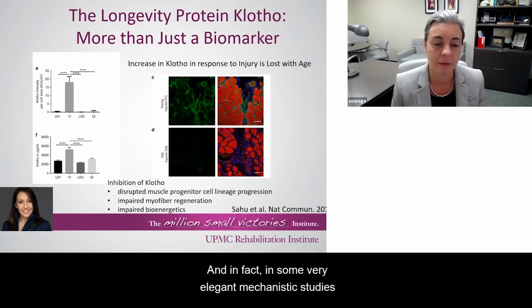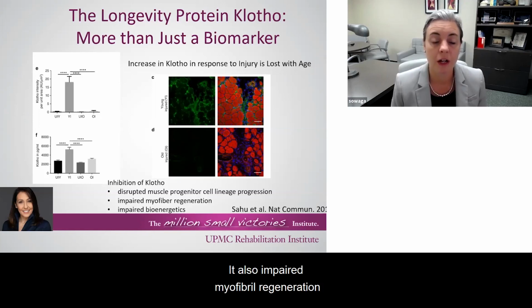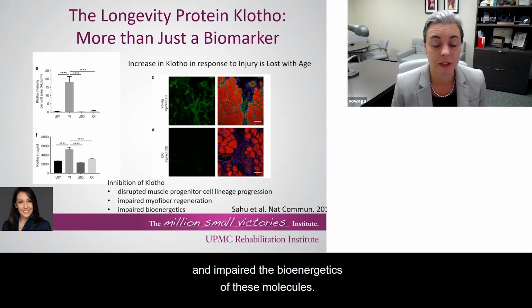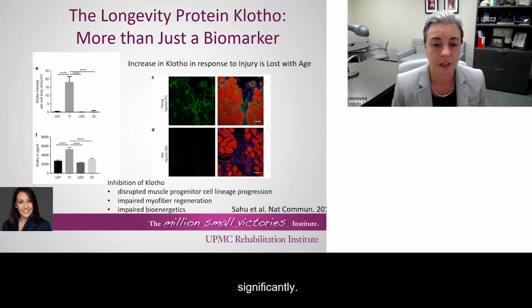And in some very elegant mechanistic studies that she recently published, she was able to demonstrate that the inhibition of Klotho disrupted muscle progenitor cell lineage progression. It also impaired myofiber regeneration and impaired the bioenergetics of these cells. So again, teasing out mechanisms from a potential biomarker in a way that will allow us to target our therapies much more significantly.